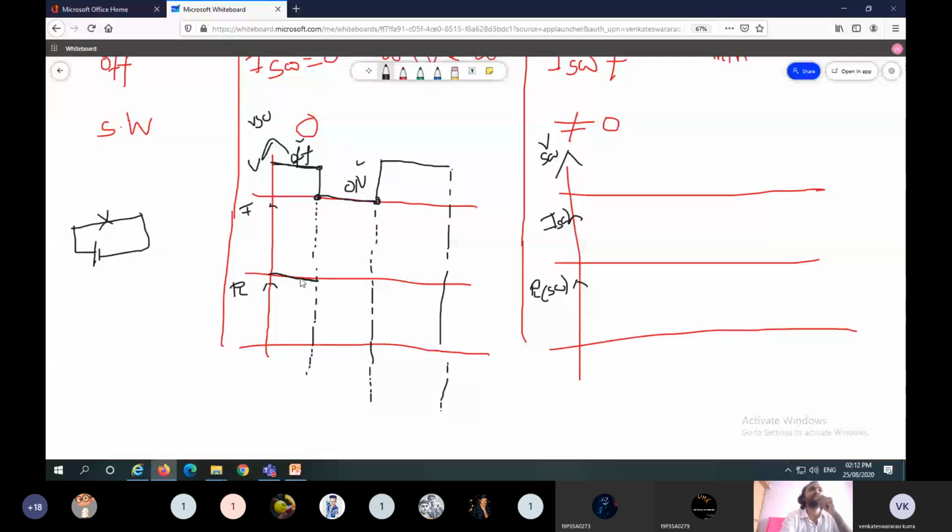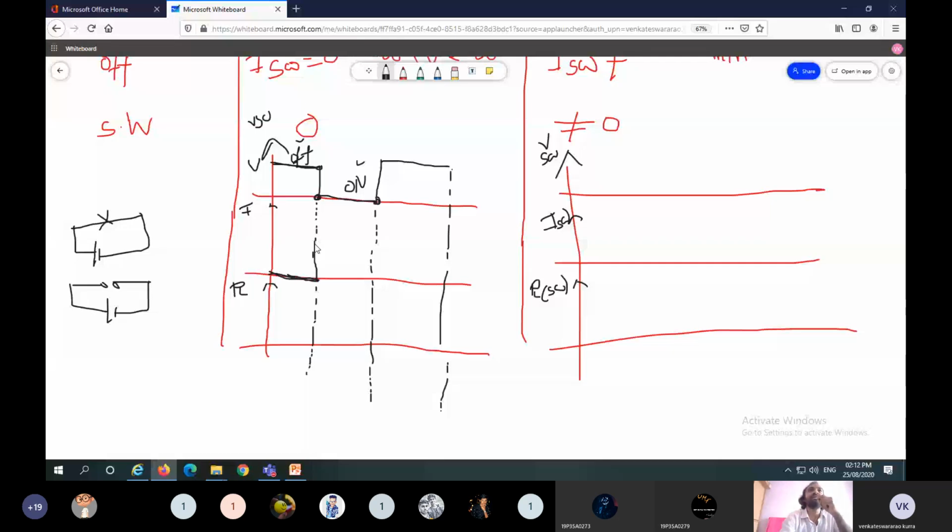Under open circuit condition, no current flows in the switch. So current equals 0 like this. When the device is turned on, due to the ideal property of the device, the current flowing through the switch increases suddenly like this. It will not take any time to reach its maximum current. The current reaches its maximum value instantaneously.